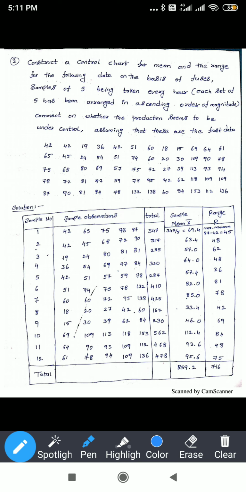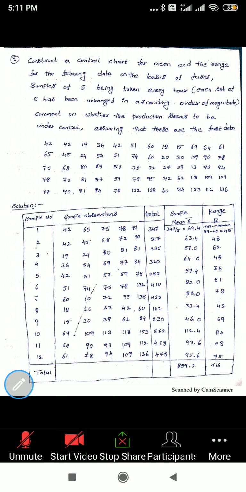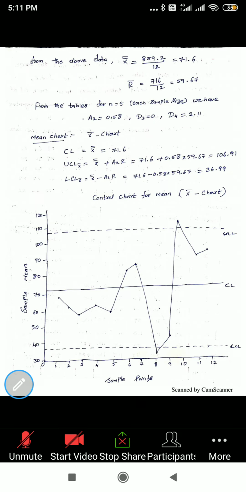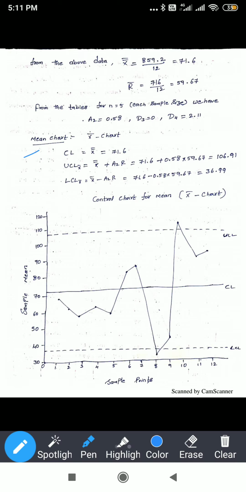Now, before going to the mean chart, you have to calculate the mean of the sample means, x double bar, and the mean range, R bar. So here x double bar is 8579.2 by 12.